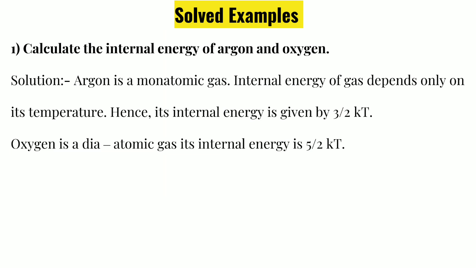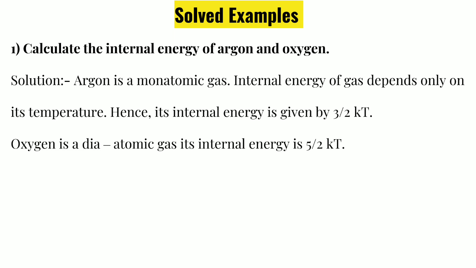Calculate the internal energy of argon and oxygen. Argon is a monoatomic gas, and oxygen, which we have already studied in the kinetic theory of gases. The internal energy of a gas depends only on its temperature.